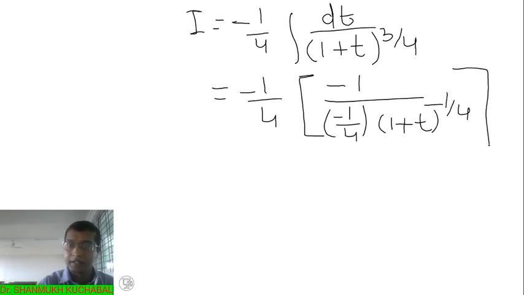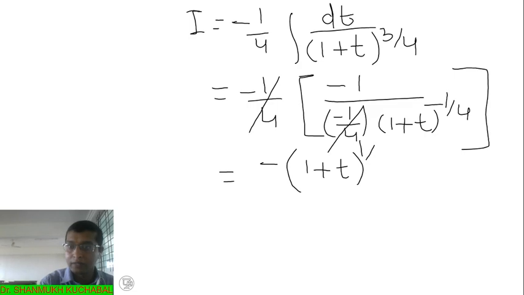So the minus 1 by 4 cancels. We take minus common in the numerator, and 1 plus t raised to minus 1 by 4 we transpose, so it becomes plus 1 by 4.